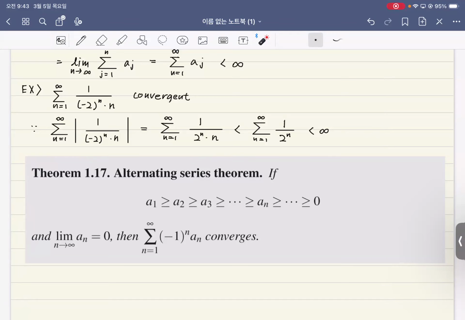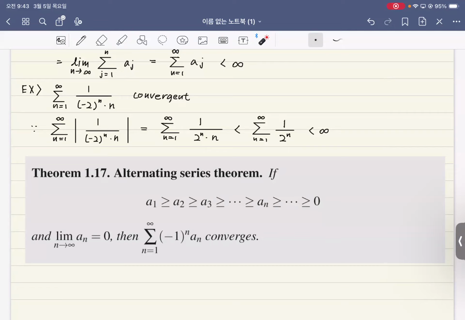Okay, so this involves a lot of assumptions, but let's talk about them one by one. I have an infinite sequence which is non-negative, right? And because of these inequalities, this sequence is a decreasing sequence, I mean, non-increasing sequence.